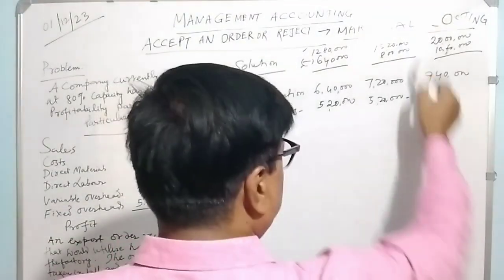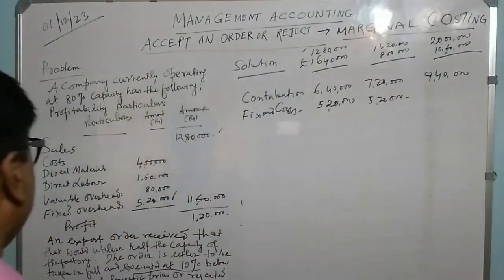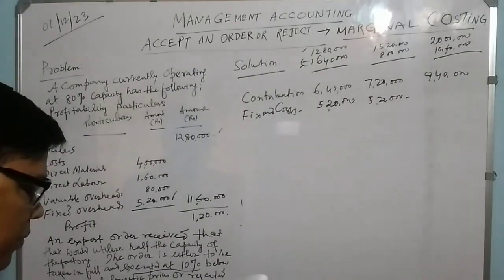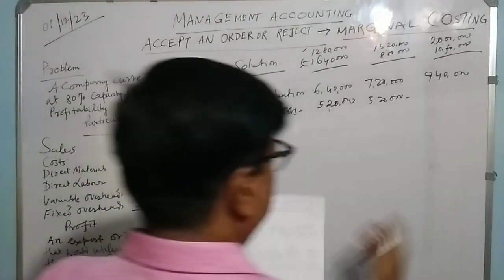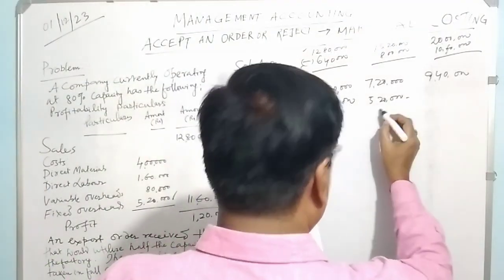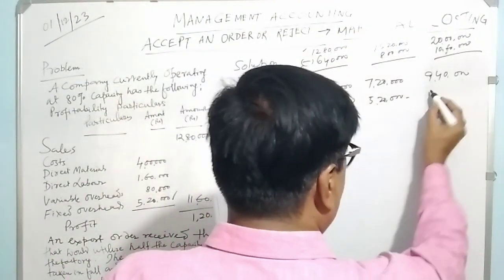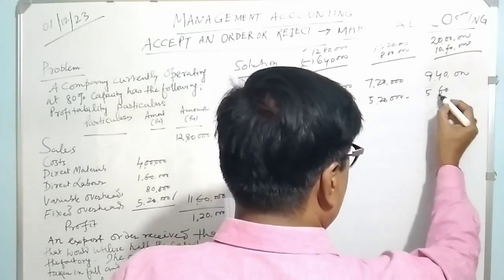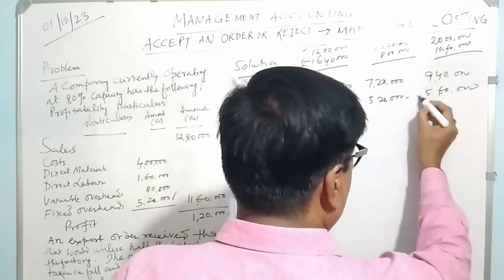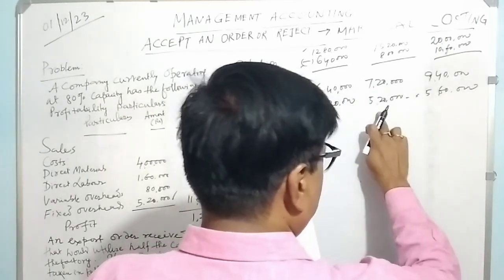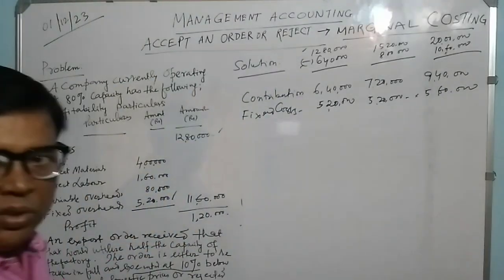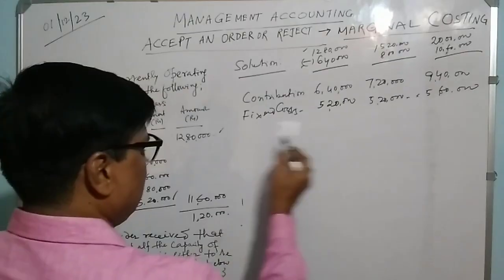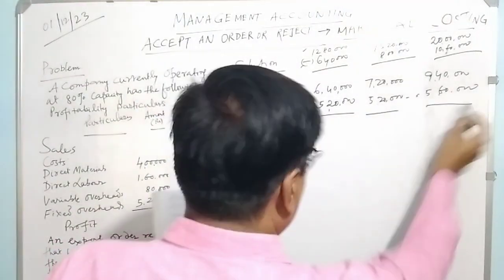And when you are taking that 130%, as given in the problem, your fixed cost will increase by 40,000. So your 5,20,000 plus 40,000 will be 5,60,000. How is this coming? 5,20,000 plus 40,000. You see, when you are increasing the capacity, your fixed cost is getting increased. So now your net profit comes.